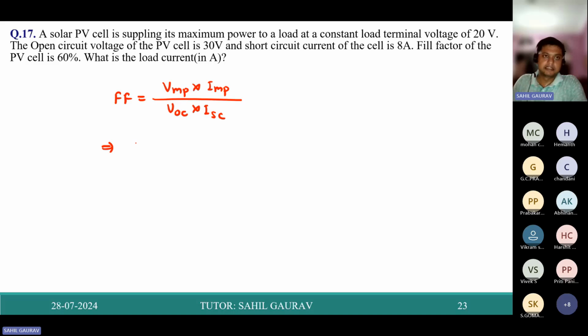Fill factor is given as 0.6 and VMP is 20 volts, the maximum power to a load at a constant terminal voltage of 20 volt. So VMP is 20 volt and we have to calculate IMP. VOC is given as 30 volt and short circuit current is given as 8 ampere. So IMP will come as 7.2 ampere.